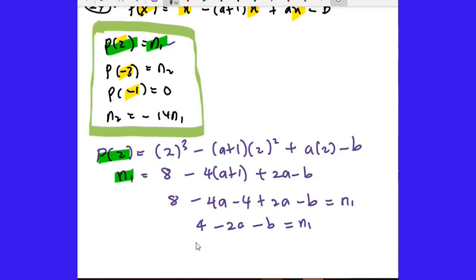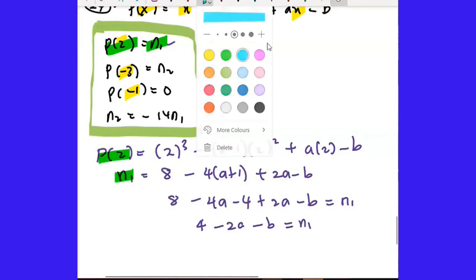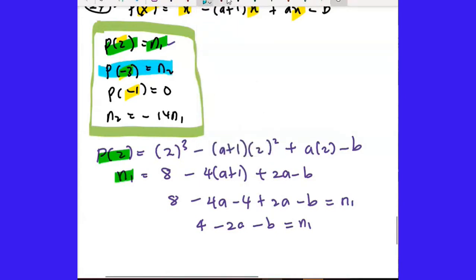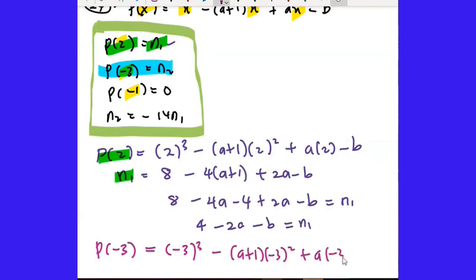Let it be like this first. Okay, the second is this one. We try this. And then P of, substitute x by negative 2. So negative 3 A plus 1 negative 3 squared plus A negative 3 minus B. So this one is equal to N2.